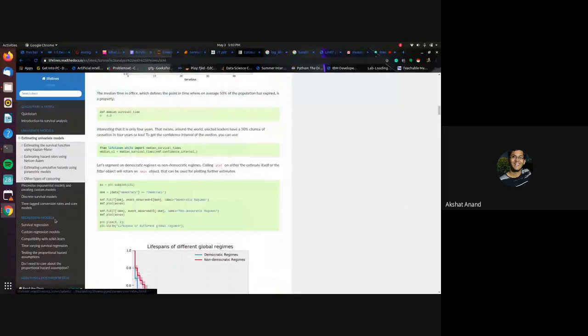Now we will move on to survival regression, which we use to calculate the survivability of particular individuals.